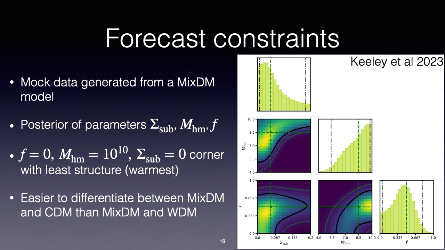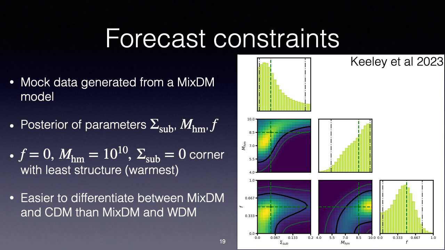So the basic idea is to generate mock data from a mixed dark matter model. The posterior parameters are what's shown here, where sigma sub is just a parameter that sets the normalization of the subhalo mass function.